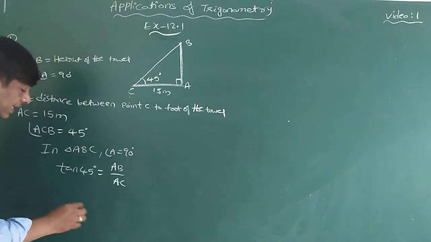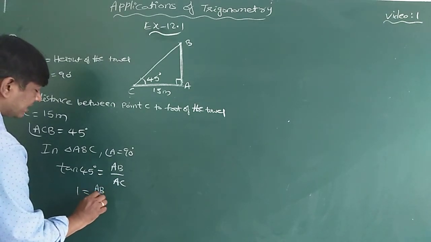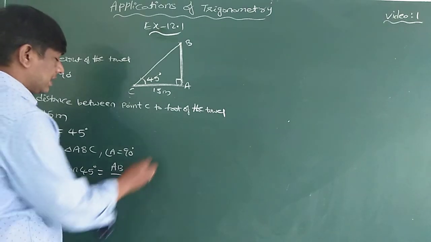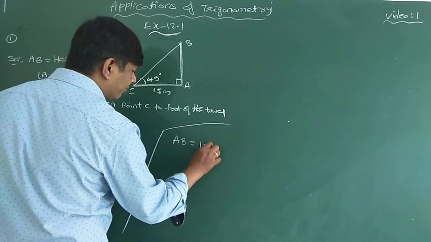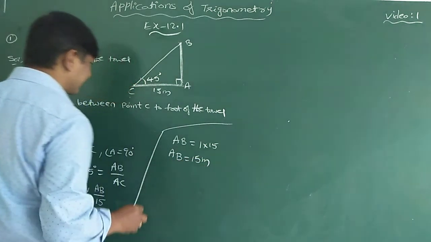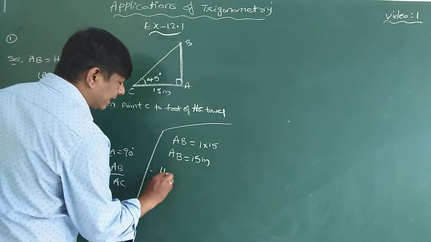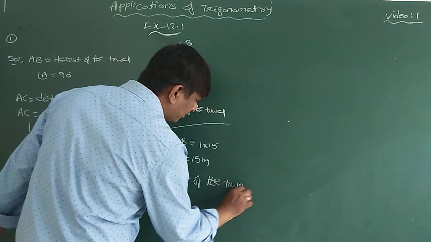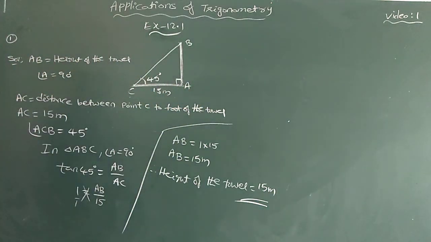Tan 45 degrees is 1, which equals AB by AC, that is AB by 15. Cross multiply: AB is equal to 1 into 15, so AB is 15 meters. Therefore, the height of the tower is 15 meters.